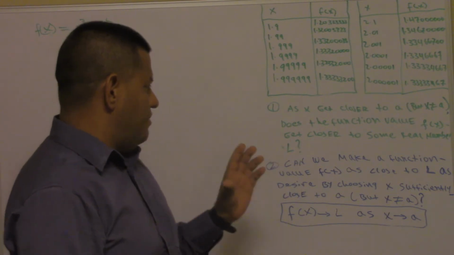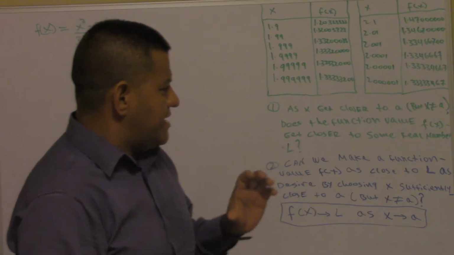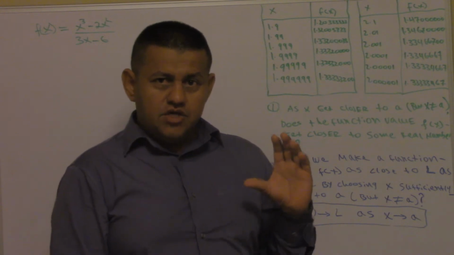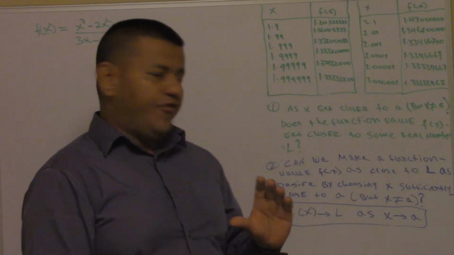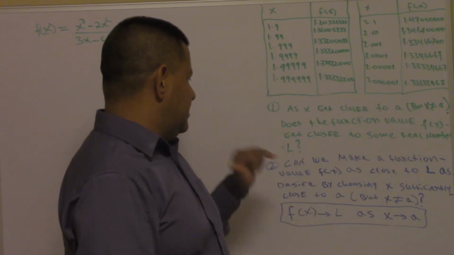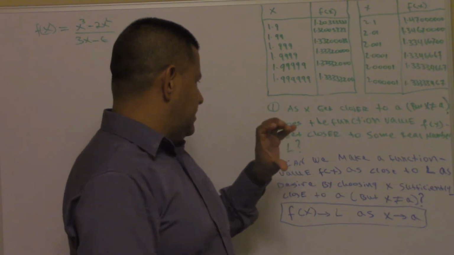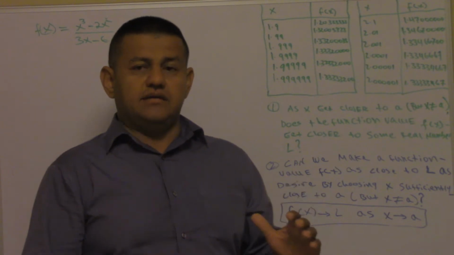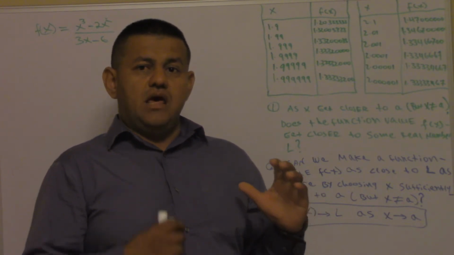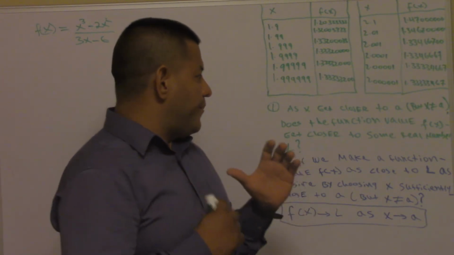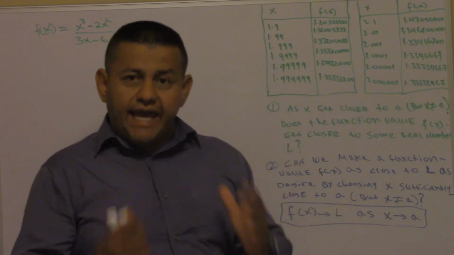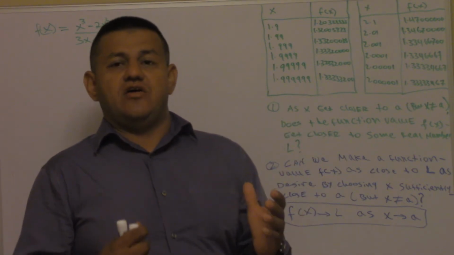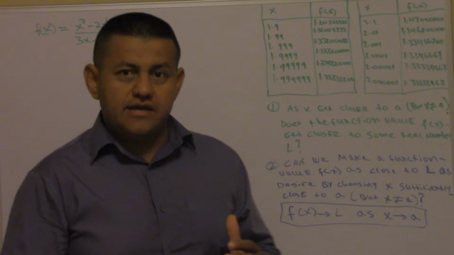Well, remember that a is in the domain of the function, and the real number L is the limit that we're getting when x is approaching a, but not necessarily equal to a, right?